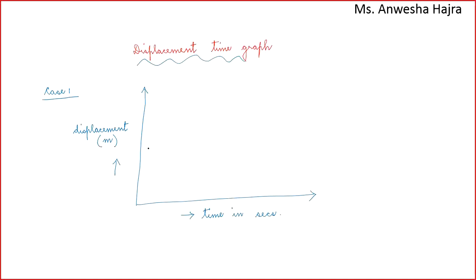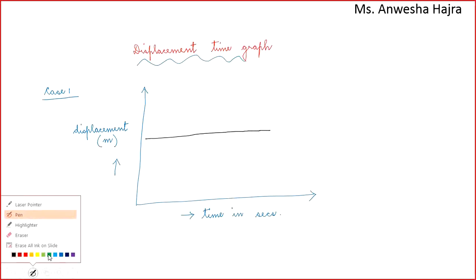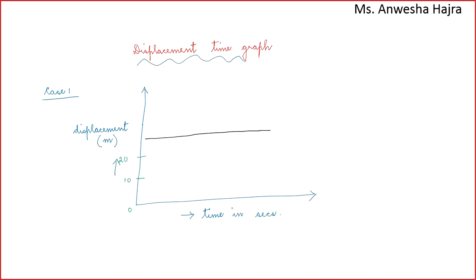Now say, we have a graph like this, which is parallel to the x-axis. Say this is 0, 10, 20, 30, say this is 25.